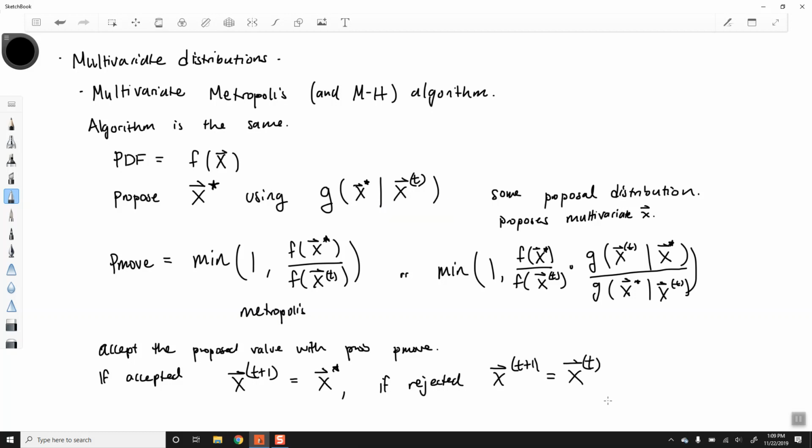So it's exactly the same. The only thing we really have to change is how we propose multivariate values. Like if you have a multivariate normal in R, you would just use rmvnorm, and things like that.